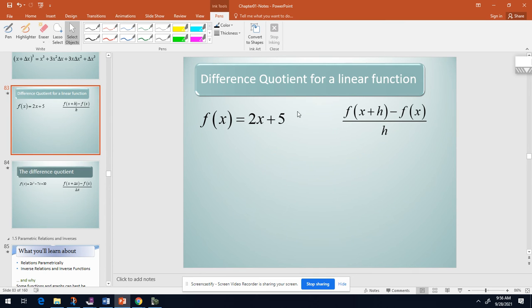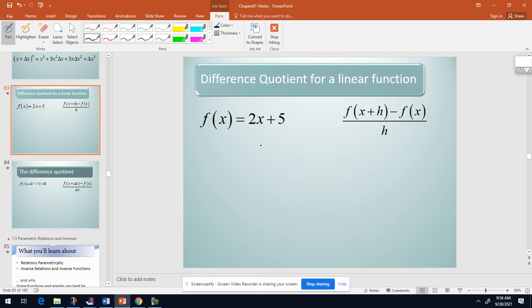So if I give you a problem like this, and I'm telling you what f of x is equal to, and I want you to find f of x plus h minus f of x all over h. I want you to plug in these values right here for f of x plus h minus f of x over h.